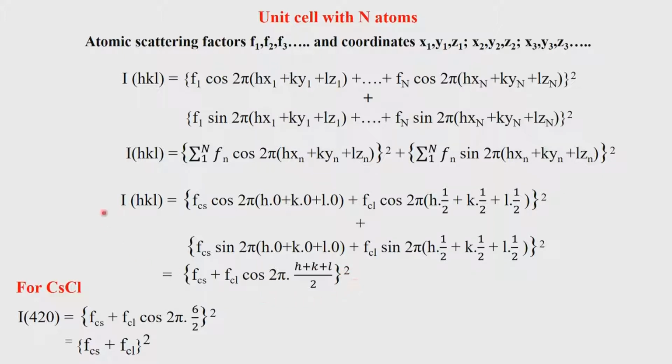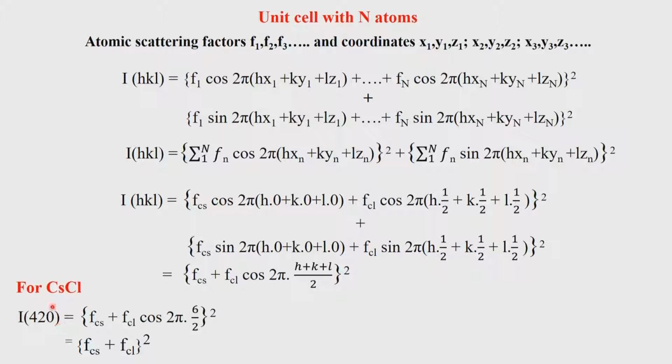So, this is a general expression for deriving the intensity in the case of cesium chloride. All possible HKL planes which come out from the cesium chloride diffraction experiments can be calculated, and this value is now an absolute value because we are reading out the corresponding atomic scattering contributions from individual atoms, chlorine and cesium. Once we take an example here, we want to calculate the intensity of some plane 420.